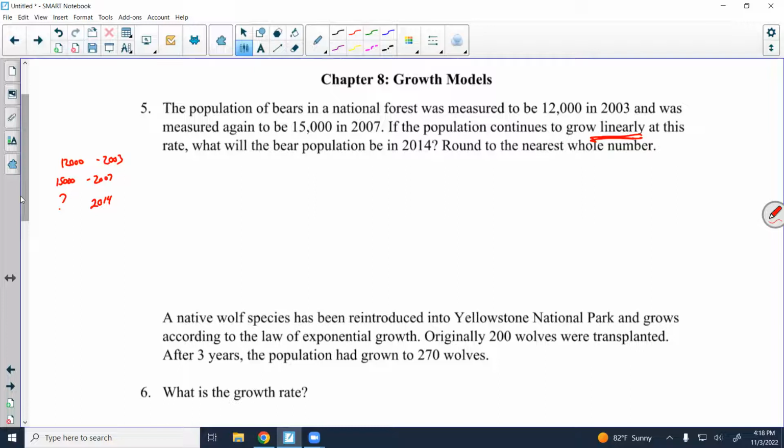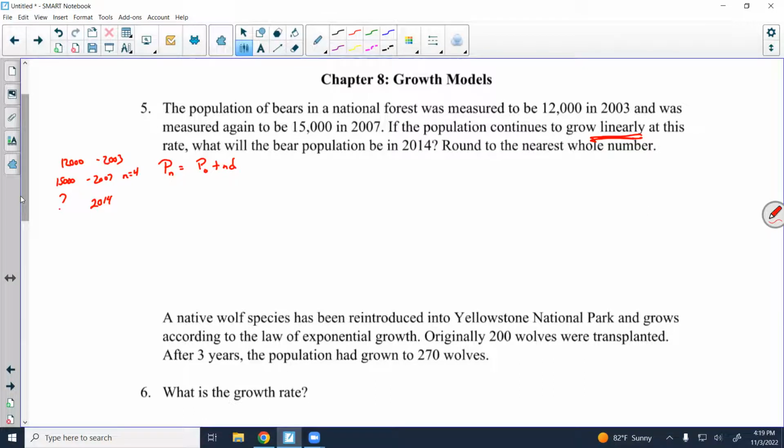So that formula is, and again, the formulas are on the test, P sub n equals P sub 0 plus ND. My problem is I don't have a D. But I do have P sub 0. I have P sub 4. So I can find out what D is.